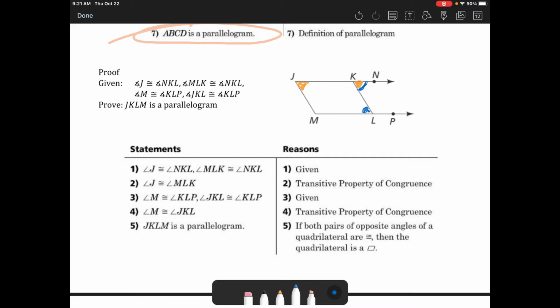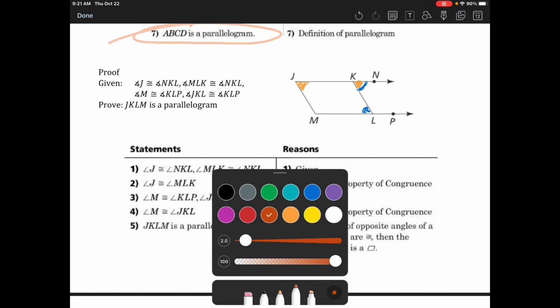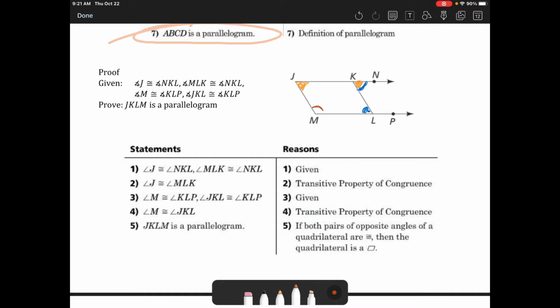And then angle M is congruent to KLP. And JKL is congruent to KLP.